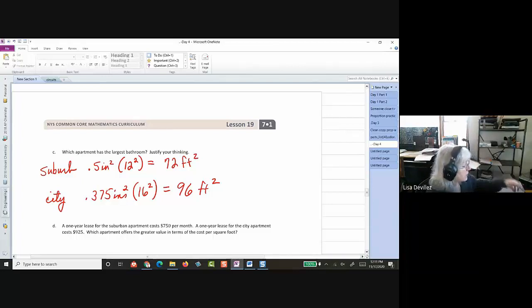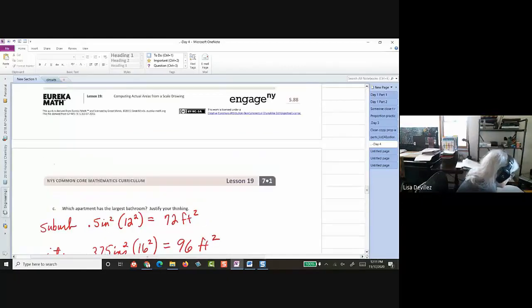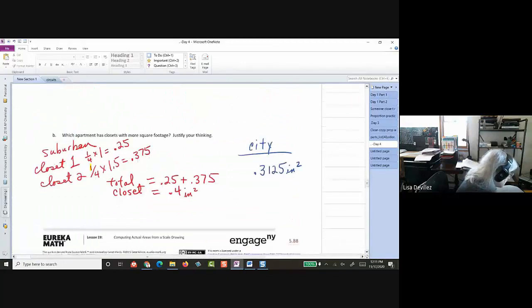All right. So there we can make an actual comparison. And then we need to go back up because we should have done that with the closet space as well. So for the closet space, we would multiply the 0.4 by 12 squared to give us our actual. So 0.4 times 12 squared is 57.6.